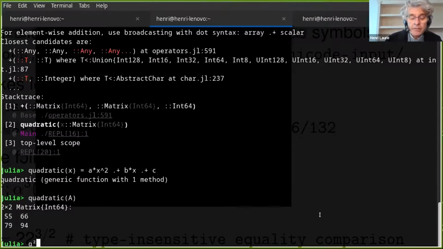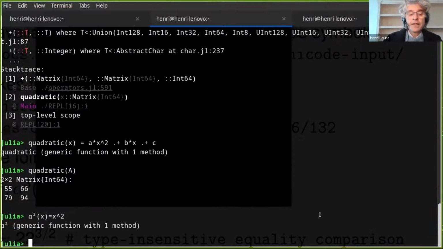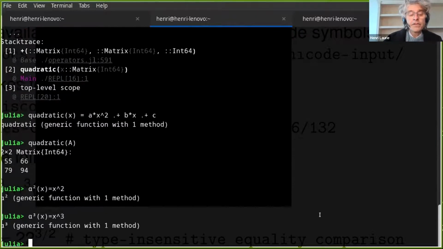And I can say of x, and I want that to be equal to x squared. And again, I have a generic function. Now I can go back and I can do superscript 3, tab, and then x to the 3rd. And I have another function.